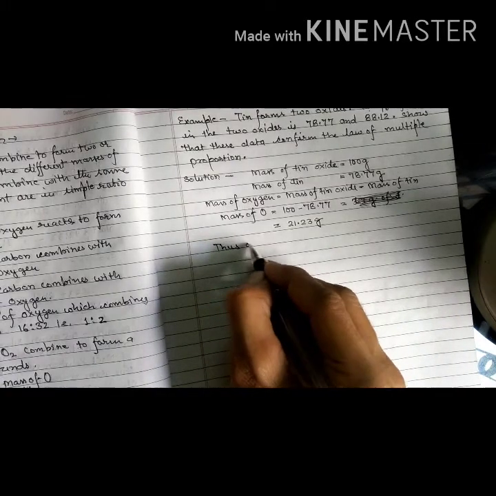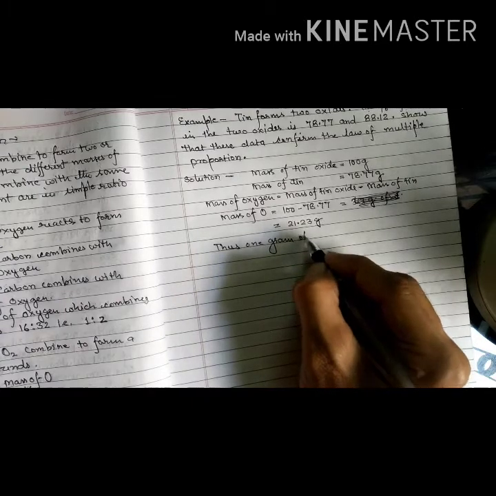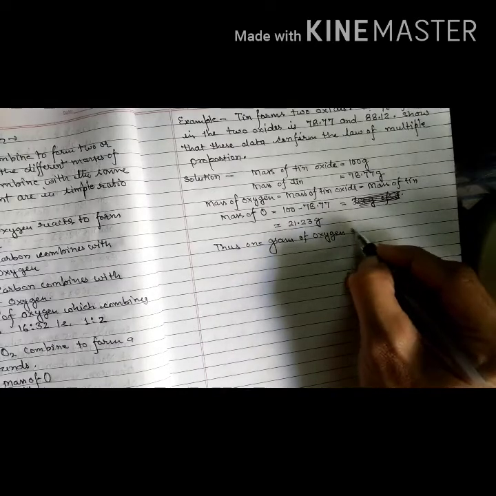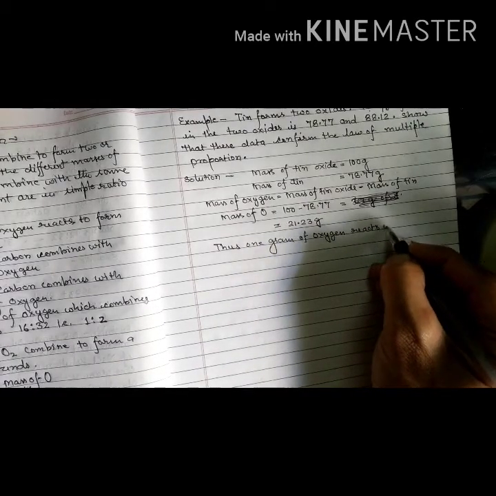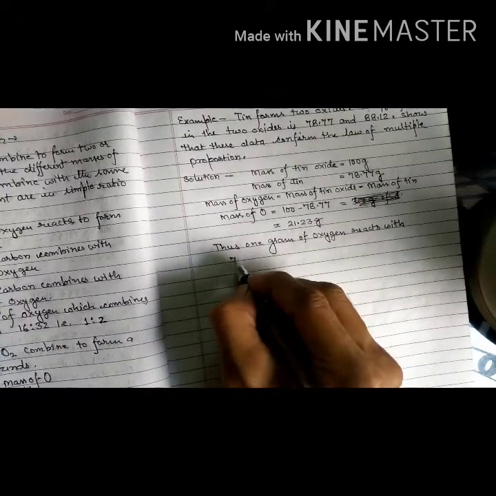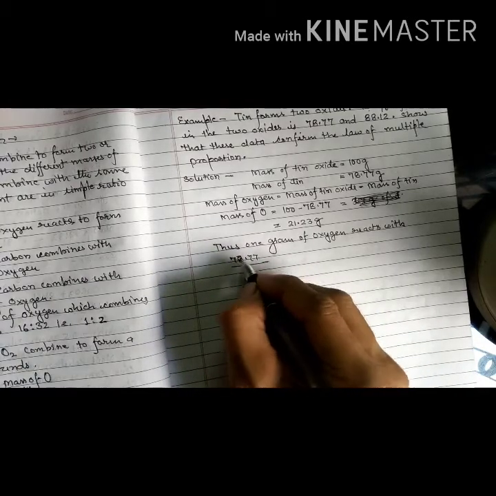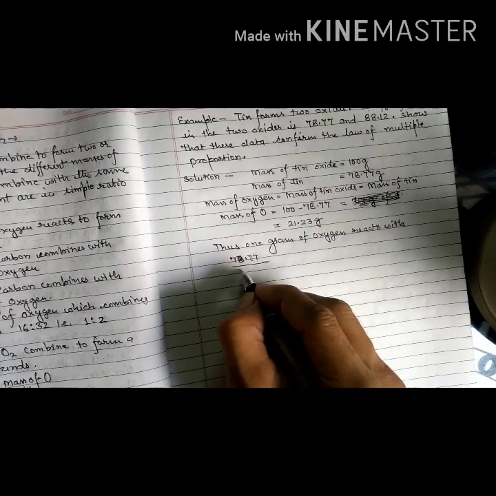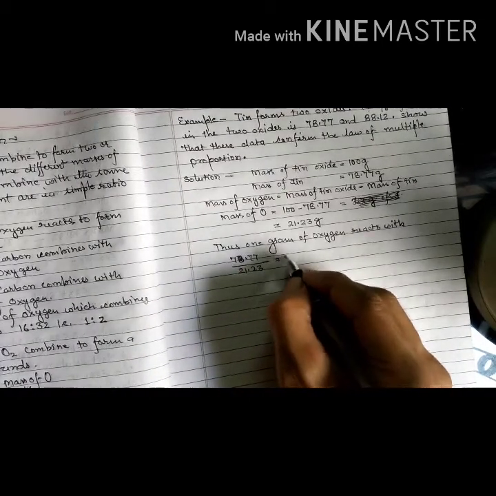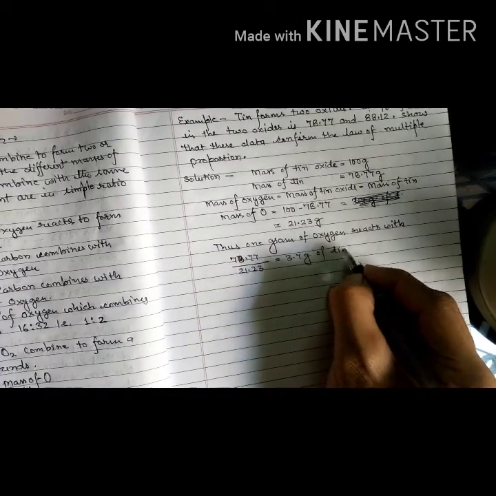Thus 1 gram of oxygen reacts with 78.77 upon 21.23. This comes to 3.7 gram of tin.